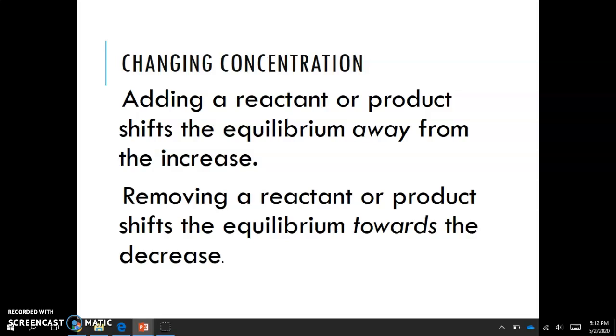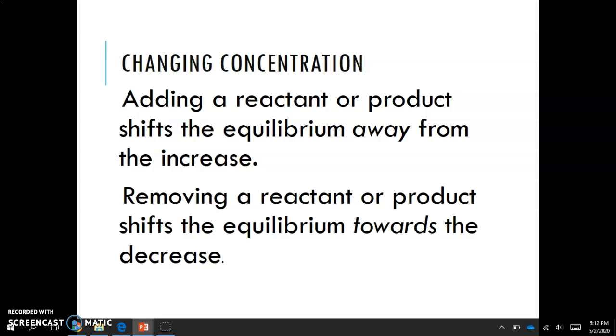Okay, so let's start with looking at some problems where we're changing concentration of either our products or reactants in our equilibrium equations. So just a reminder, adding a reactant or a product shifts the equilibrium away from the increase, and removing a reactant or a product shifts the equilibrium towards the decrease. So what does this mean?